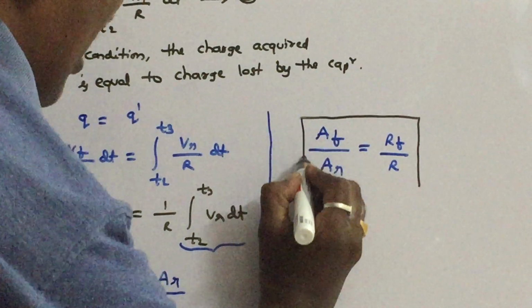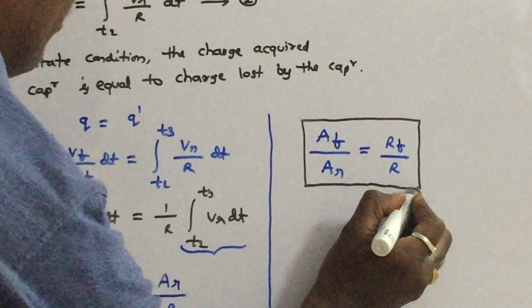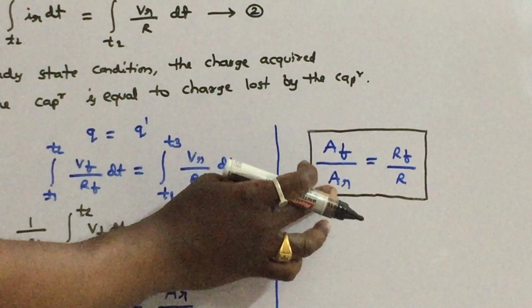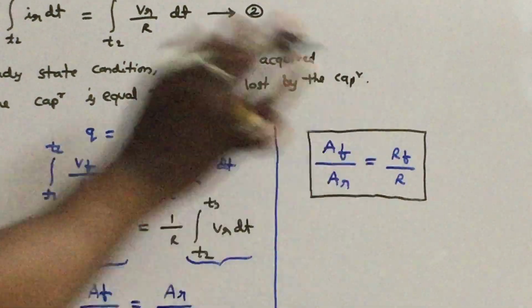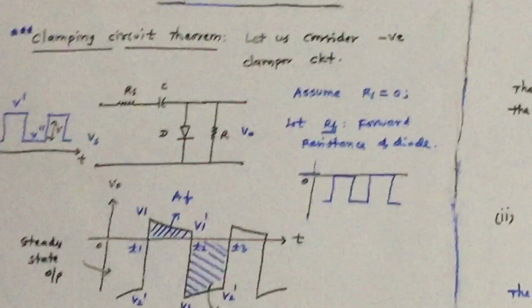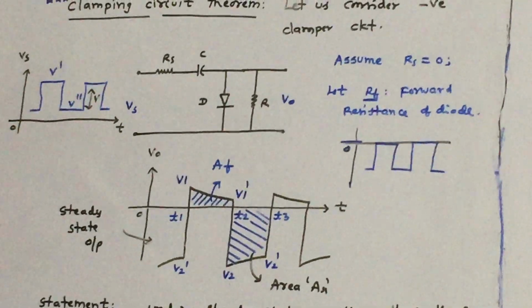Just equate the charge acquired by the capacitor to the charge lost by the capacitor. From that expression, the ratio of the area in the forward direction to the area in the reverse direction is equal to RF by R. This is the very important clamping circuit theorem.